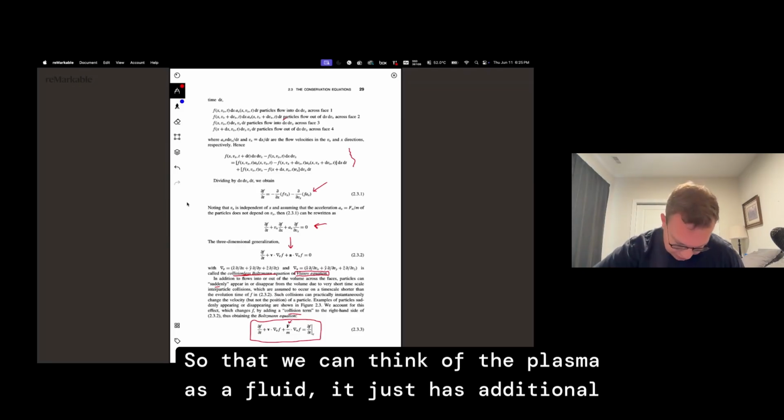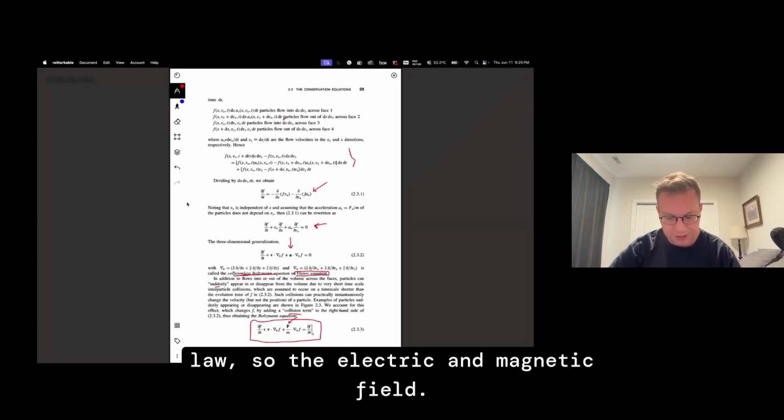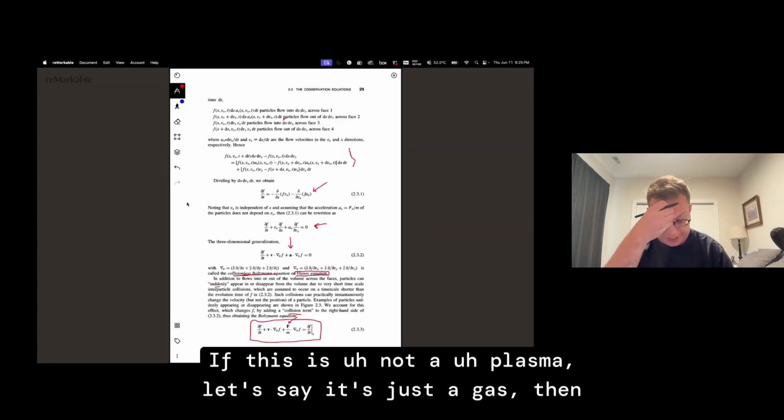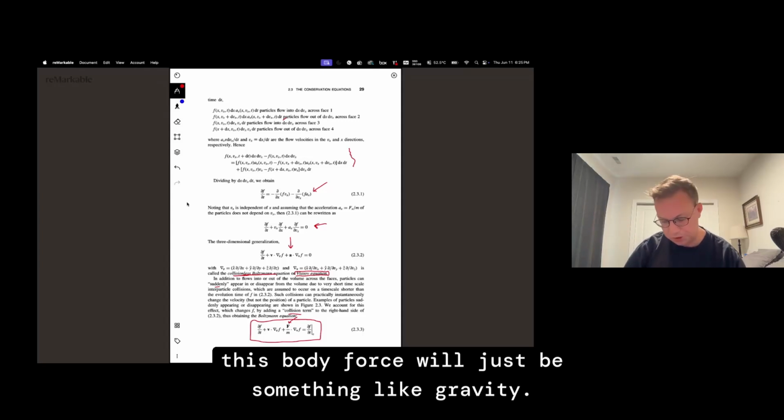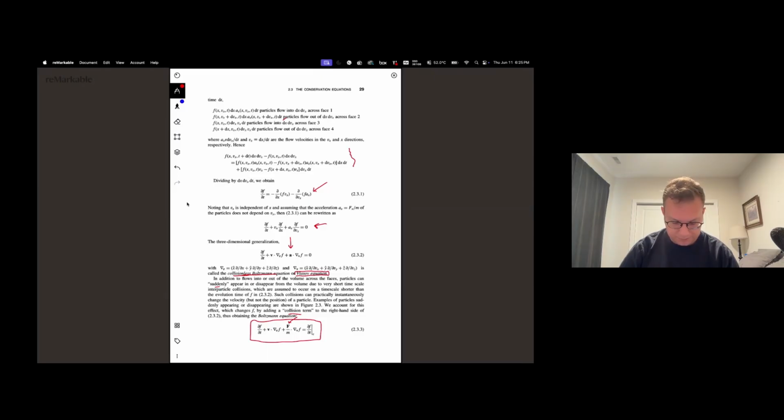It just has additional body forces that it responds to, namely the Lorentz force law, so the electric and magnetic field. If this is not a plasma, let's say it's just a gas, then this body force will just be something like gravity that's acting on it. Okay, let's keep going.